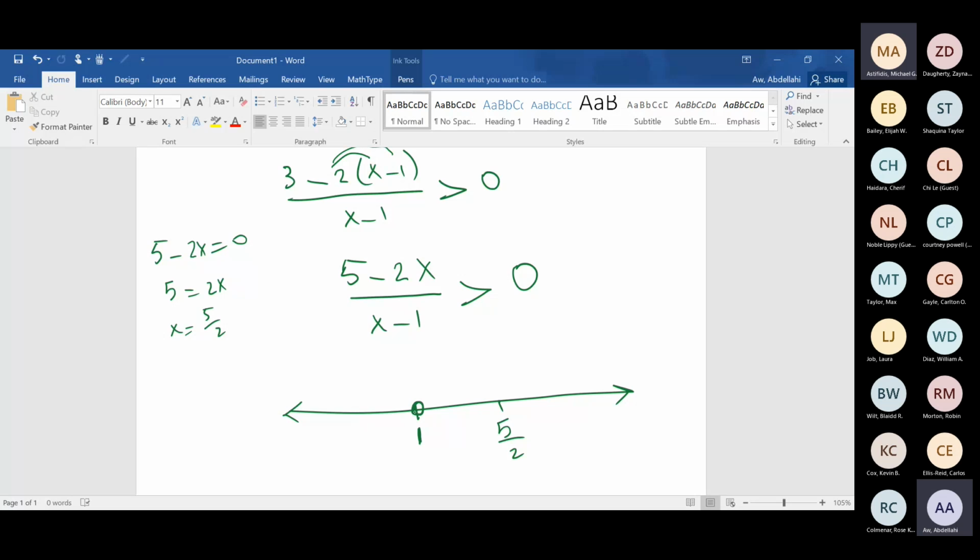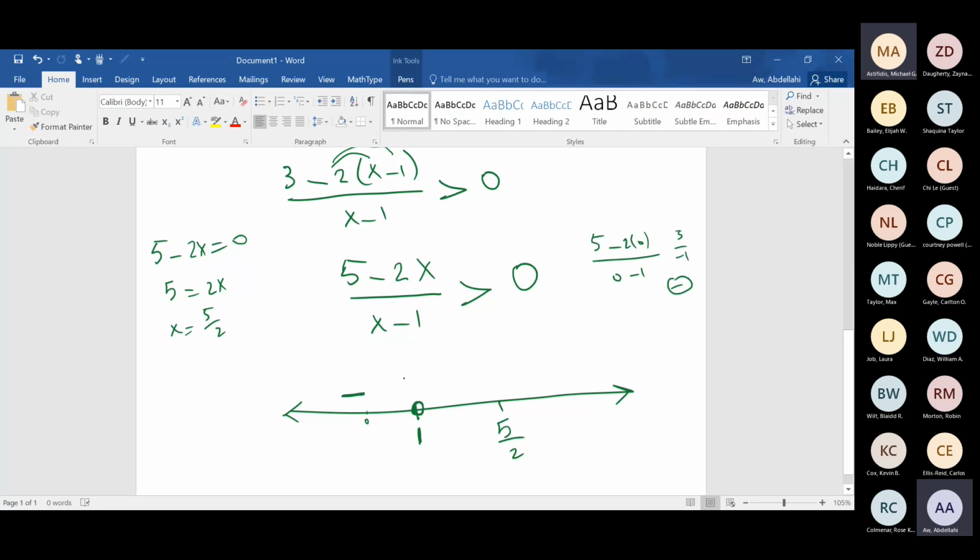Now, what are the signs? Plus, minus, plus, or minus, plus, minus? For instance, if I take 0, I plug in 0 and get 5 minus 2 times 0 over 0 minus 1. This is 5 over negative 1, which is negative, right? So this is minus here.